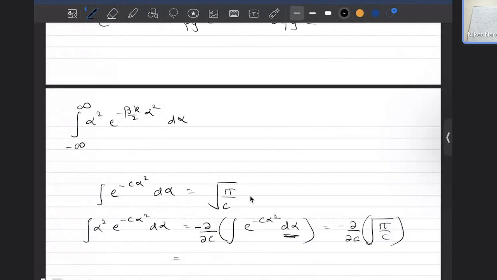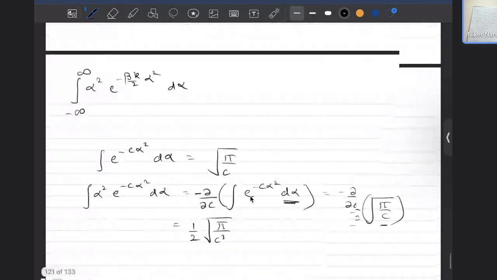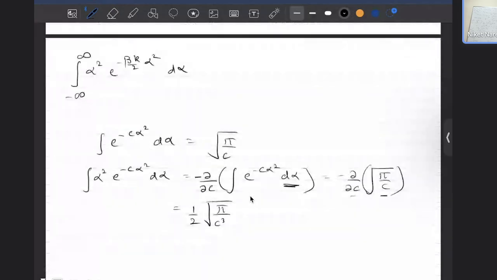The c derivative gives minus half, so with the minus sign, that minus gets cancelled, and we only have half square root of pi by c cube, because it is c power 3 by 2. So this is what you end up with.